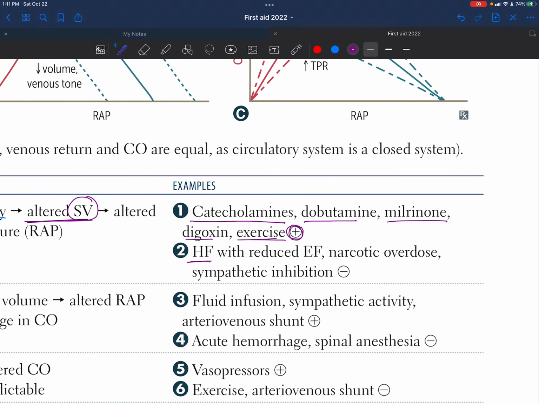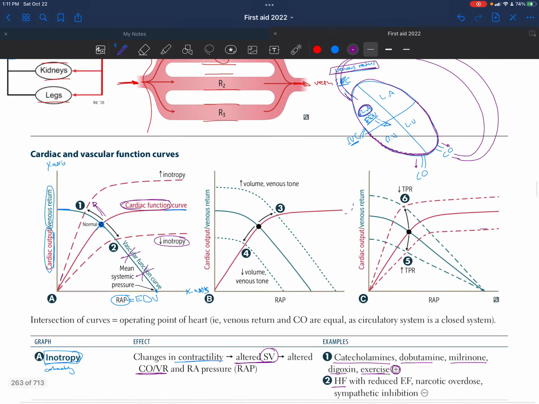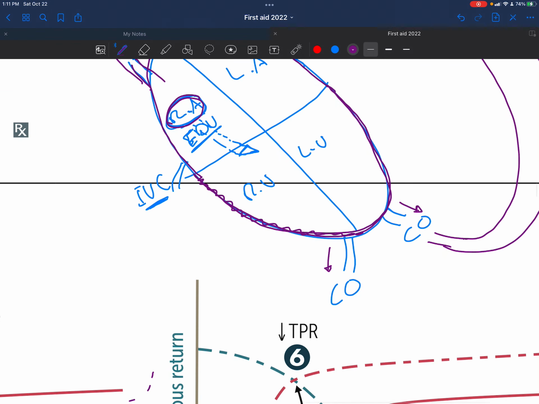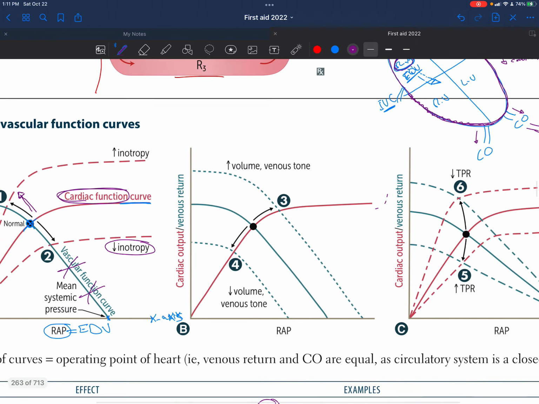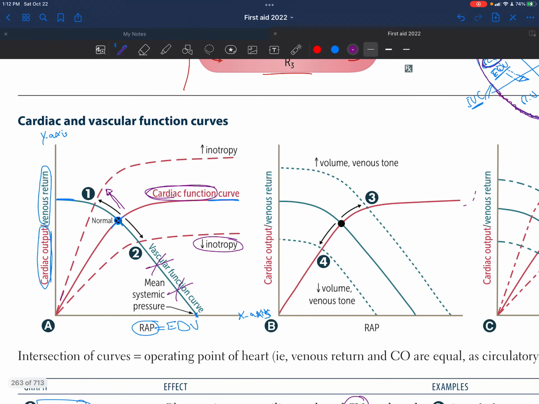While if we decrease the inotropy, as in a patient who has heart failure, their heart is failing, their left and right ventricles are losing the ability to contract hard, so they reduce their contraction, and that means their cardiac function curve is going down.